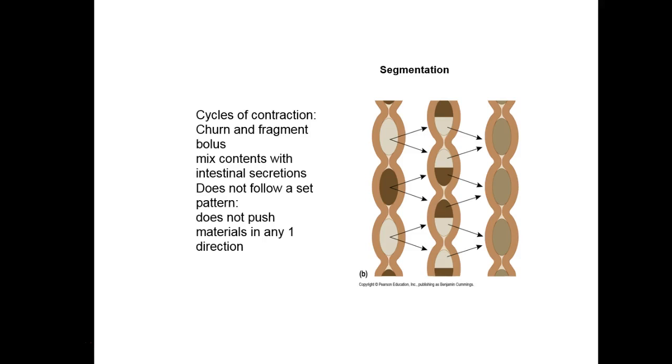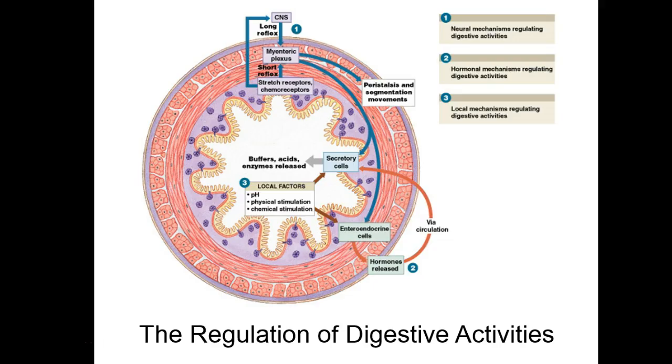Then those macromolecules, which are well on their way to becoming micromolecules, can be mixed with the fluids and given a chance for the nutrients to be absorbed into the bloodstream. Peristalsis, segmentation: two different types of movements, for two different reasons.